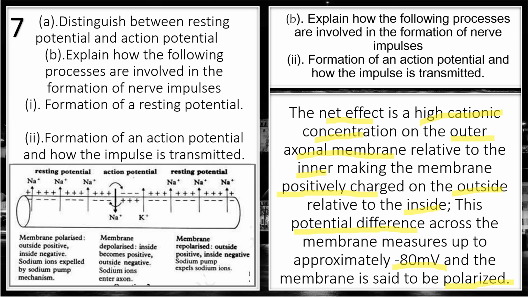So when the outside is more positively charged than the inside, that potential difference across the membrane measures up to approximately negative 80 millivolts, and the membrane is said to be polarized, and that's what we call the resting potential.